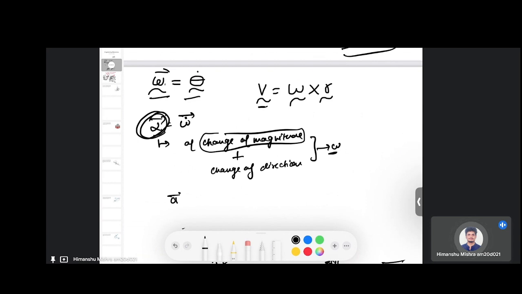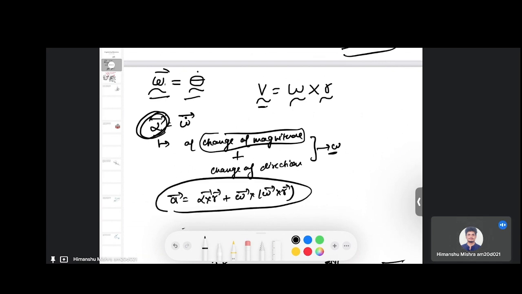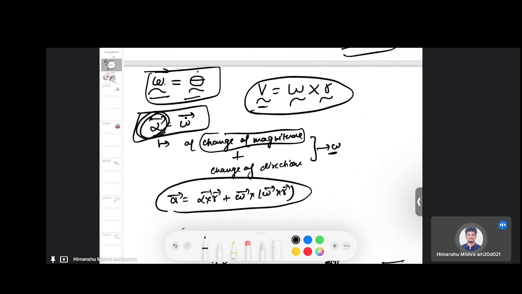Similarly, the translation acceleration can be given by alpha cross r plus omega cross omega cross r. So this is the expression for translating acceleration. This is the expression for translating velocity. This is for the angular velocity, and this is for angular acceleration.